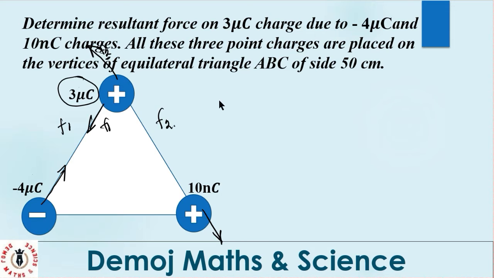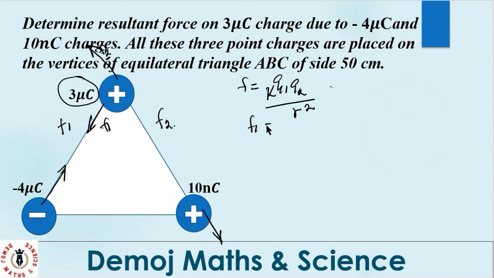Now, the first thing I want us to do is to calculate our F1 and F2. From our last lesson, we know that the force between two charges is the same thing as K Q1 Q2 over R squared. Let's start with F1.